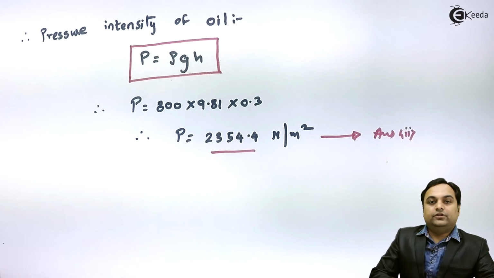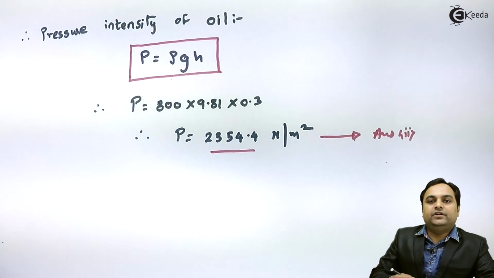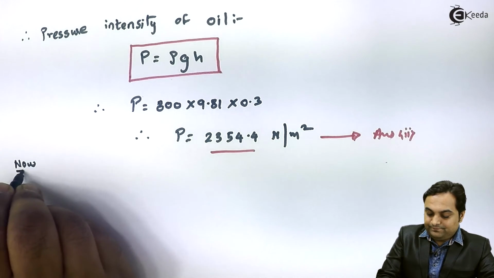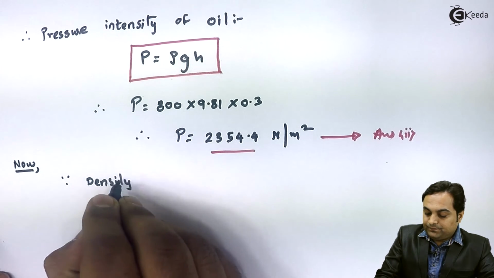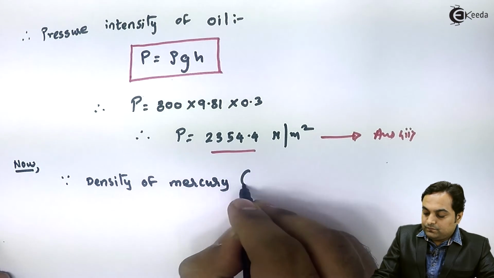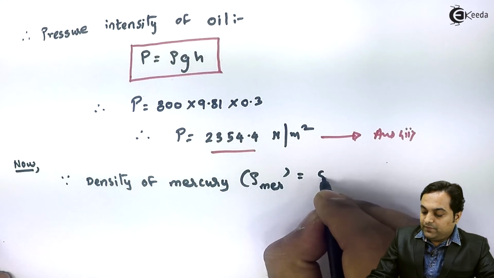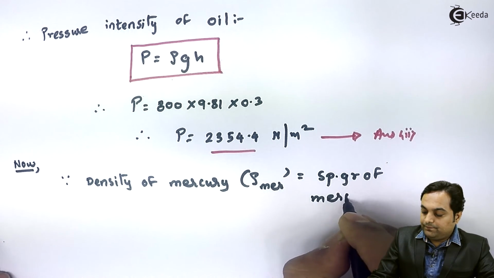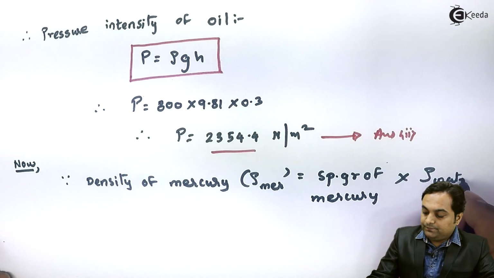Now the third fluid is mercury, whose specific gravity is given. So again I'll calculate the density of mercury. Since density of mercury is equal to specific gravity of mercury into density of water.